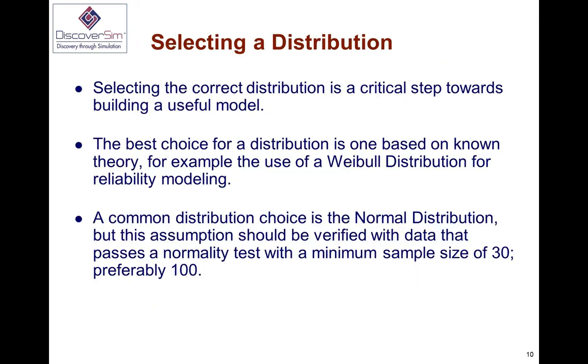A brief note on selecting a distribution. If you have theoretical basis, for example, in reliability work, a commonly used distribution is Weibull, and another common distribution is the normal distribution. That's something that should be validated with data using a normality test.